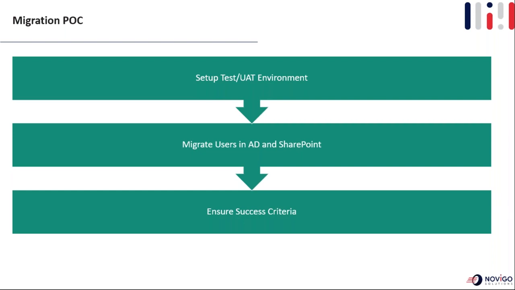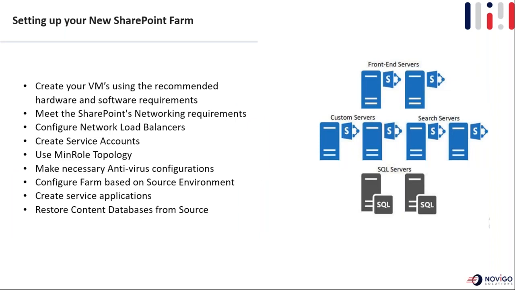So I'll quickly brief about setting up your new environment. I always recommend setting up the SharePoint multi-server farm using automated PowerShell scripts. For experienced users, they would be aware of the scripts, whereas for the first-time users out there, you can check AutoSPInstaller.